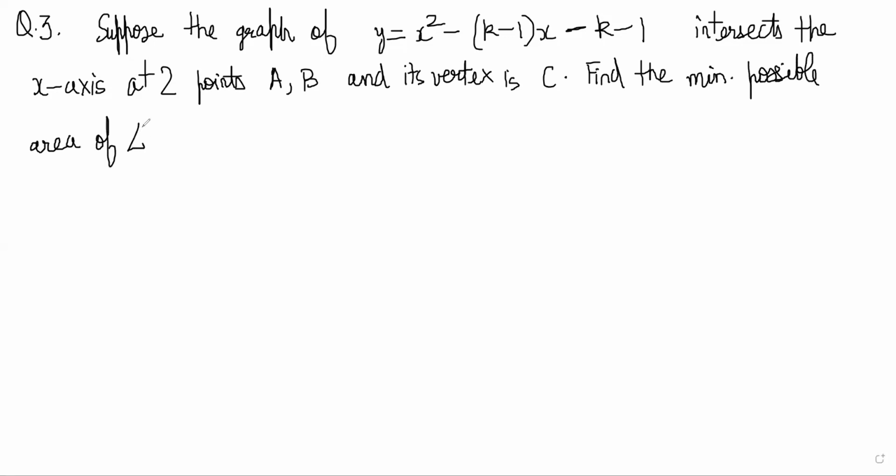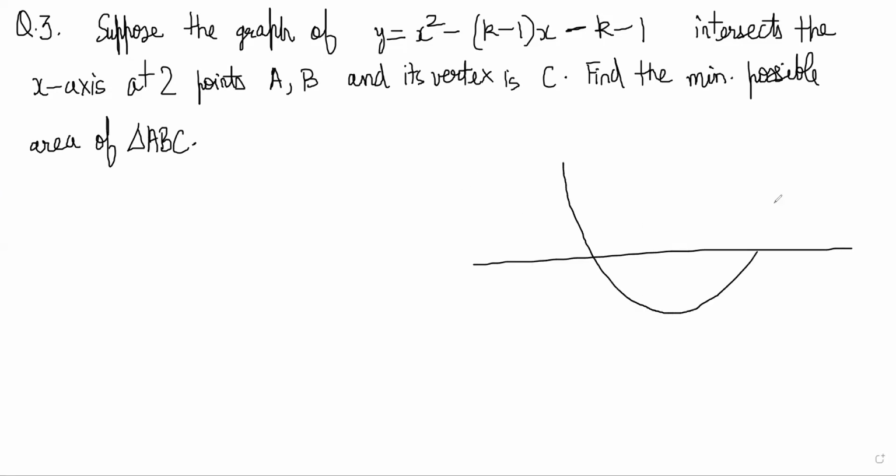Now, if we draw a rough graph here, we have a parabola like this, and we have vertex C here, and A here, and B here. And we have to find the area of this triangle, right? And we have to minimize the area of the triangle, right?